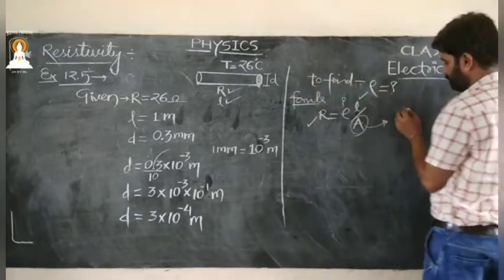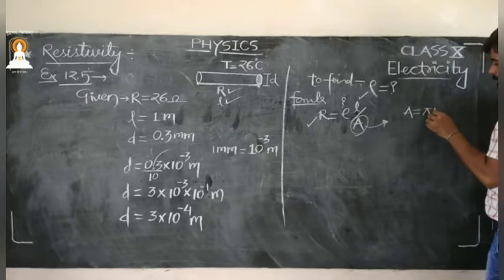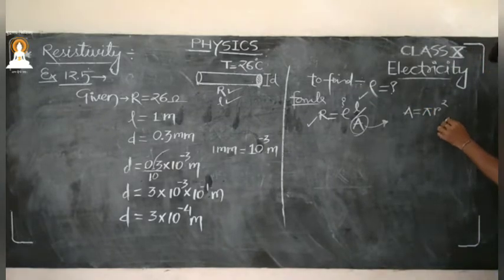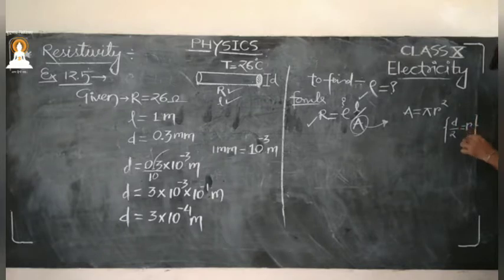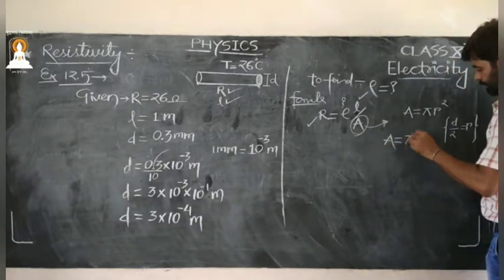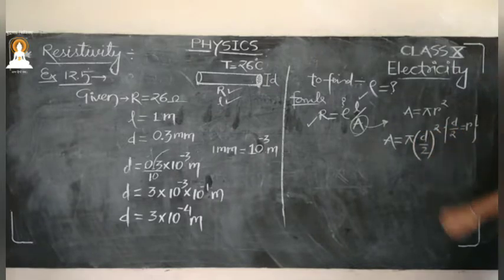It is a circle, so area is pi R square. Now we know that R is d by 2, so A is equal to pi into (d by 2) square.